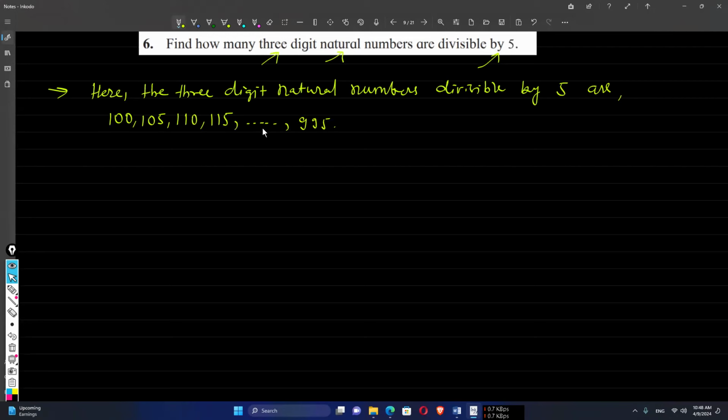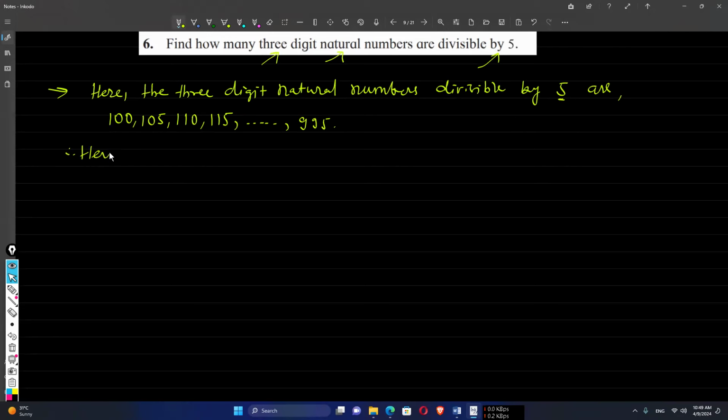Okay, so this progression is nothing but an arithmetic progression, since the difference between each consecutive term is constant, which is 5, because this sequence has the numbers which are 3 digits, natural, and divisible by 5. Meaning the common difference is 5 here.